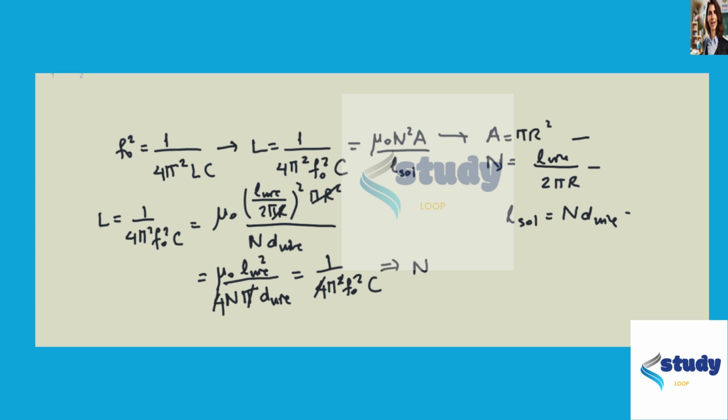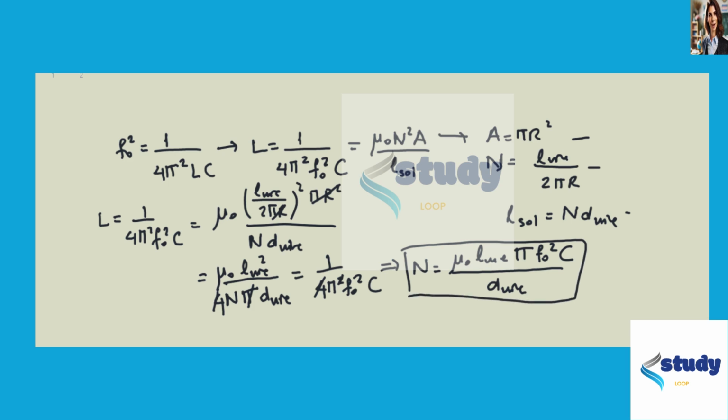So n equals mu naught L wire squared over pi F naught squared times C times d wire. This is going to be our main equation.